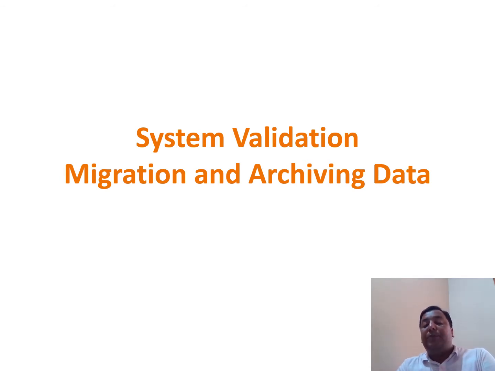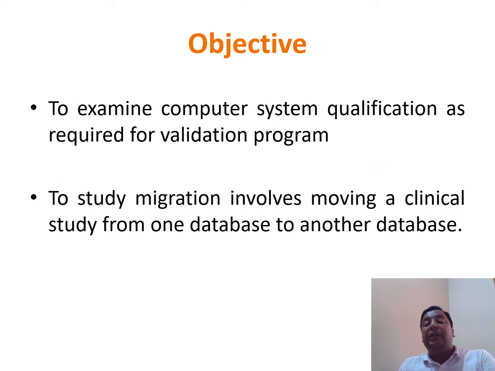So the objective of this study is to examine the computer system qualifications as required for the validation program. The second objective is to learn how to migrate the data, and what the sources of migrating the data are, if needed.